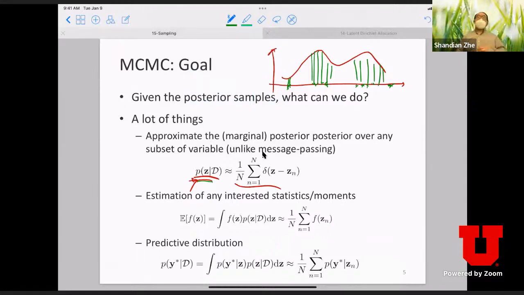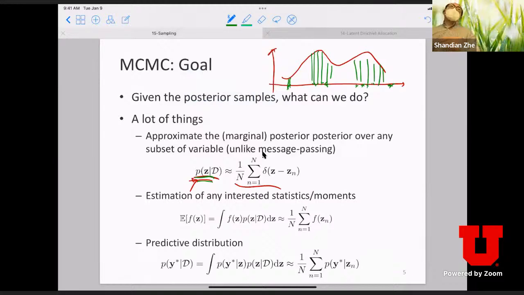If you haven't taken that class before, you should have seen that theorem, meaning that if you use samples to approximate the distribution, basically you can approximate any distribution, and it will converge to the true posterior in distribution with some convergence rate. Actually, we don't need to worry about that.